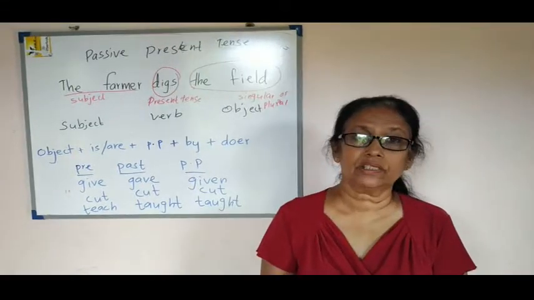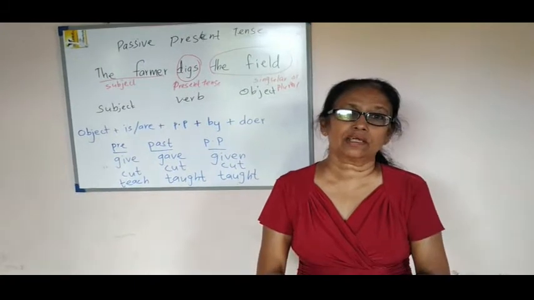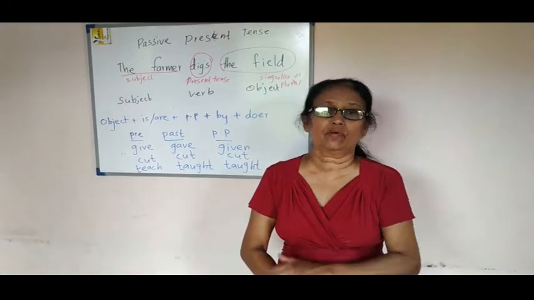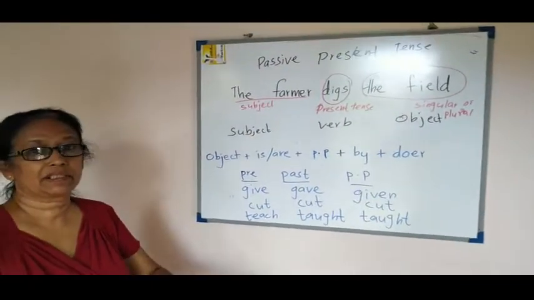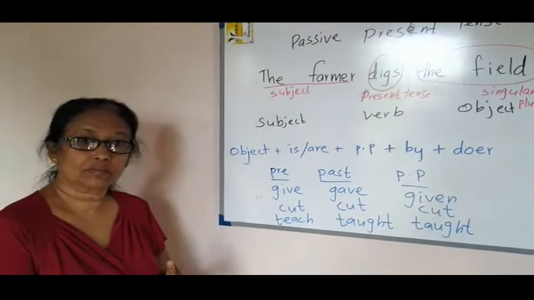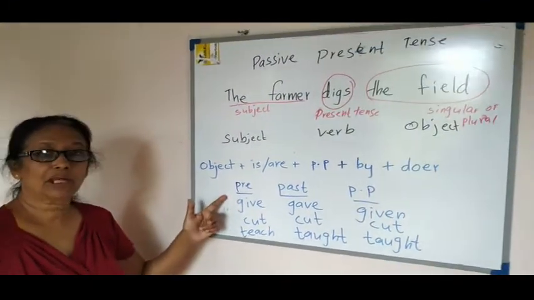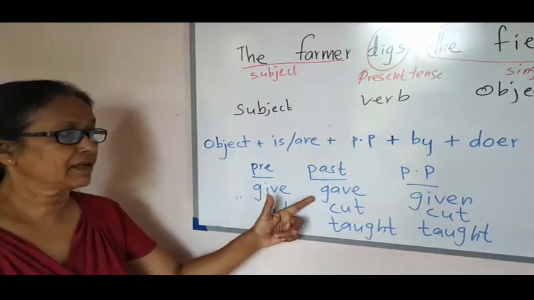My dear students, you should know the past participles. Otherwise you can't build a passive voice sentence, right? I'll show you. I think you have learned. See, look at the board. Present tense, give. Past tense, gave.